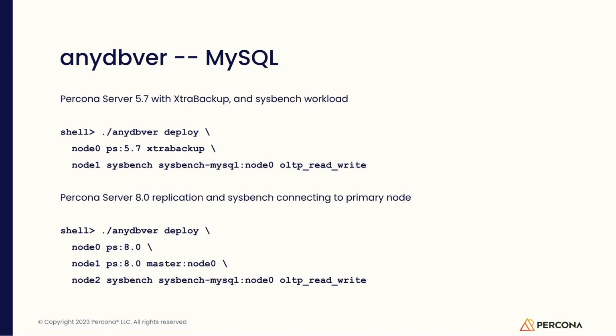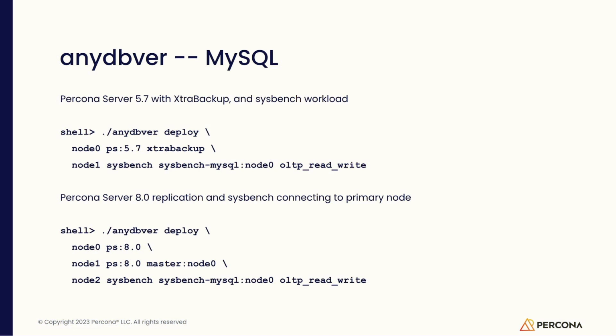And then the second example is the same, but with replication, which is what we were discussing now. So the command would be, node 0 is going to be my primary. For node 0, you don't have to do anything else other than installing the packages.